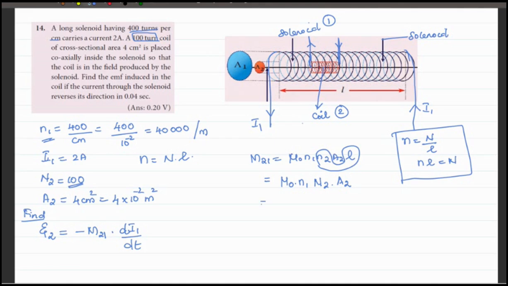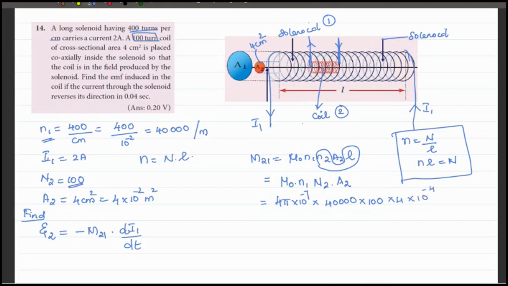Right? So mu naught is 4 pi into 10 power minus 7, into n1 which is 40,000, into N2 which is 100. What is A2? A2 is given as 4 centimeter square, so into 4 into 10 power minus 4.